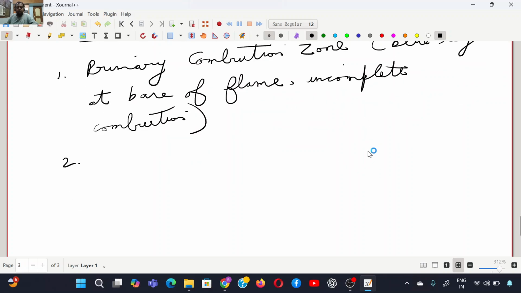Second is the interzonal region. This is the greenish region in the middle.